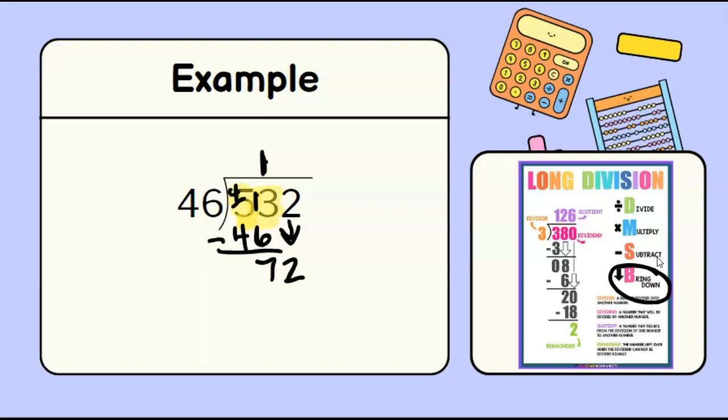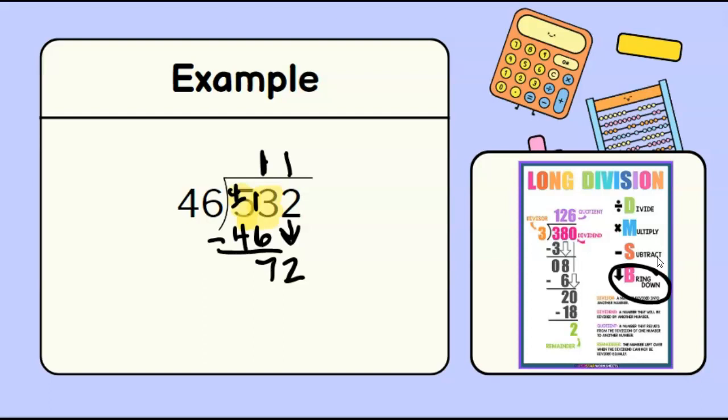So now I have to think, okay, what can I multiply 46 by to get close to 72 without going over? Well, if I multiplied 46 by 2, that would give me over 80, which is more than 72, right? So I know that 46 can only go into 72 one time.